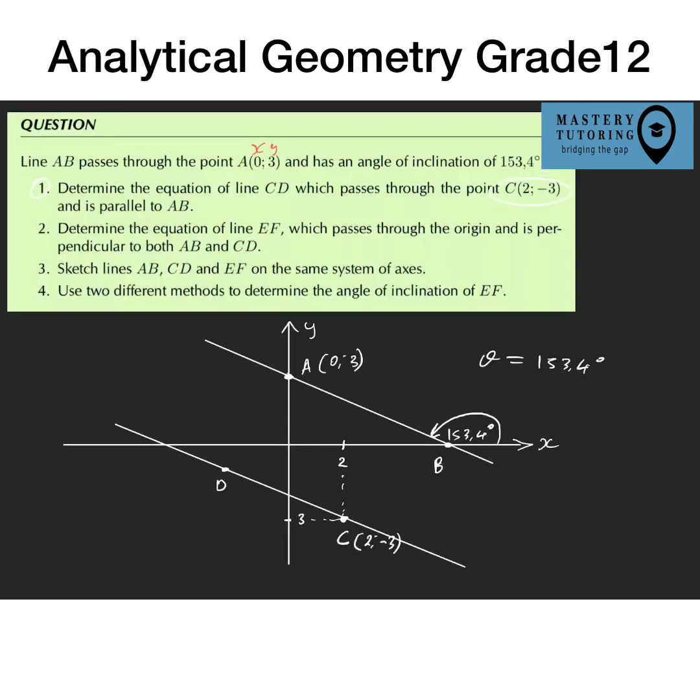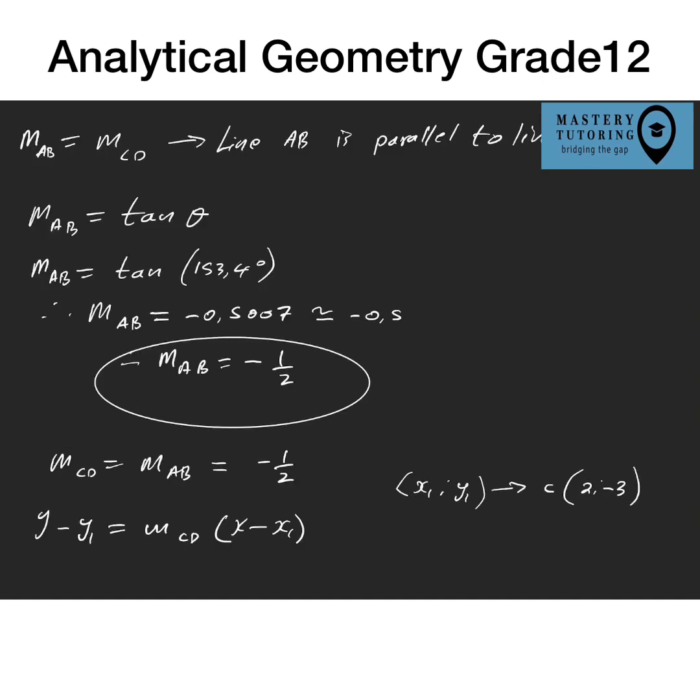Here they are, 2 and minus 3. So we're going to apply that. Putting that information in the equation, we have y minus minus 3 is equal to minus 1 over 2 times x minus 2.